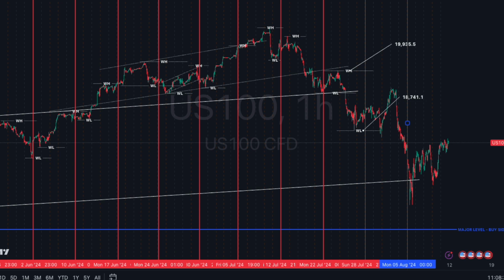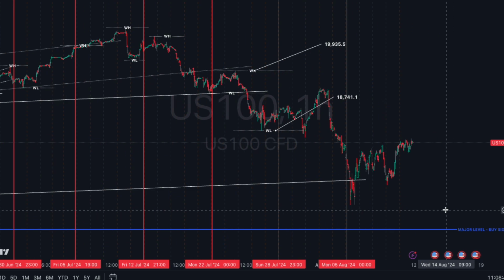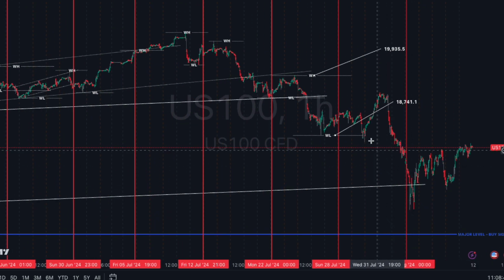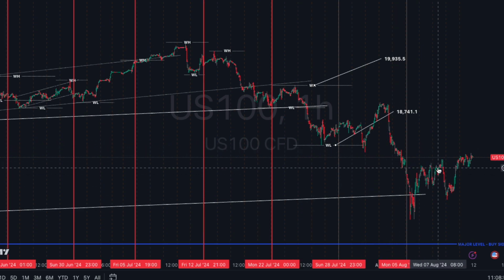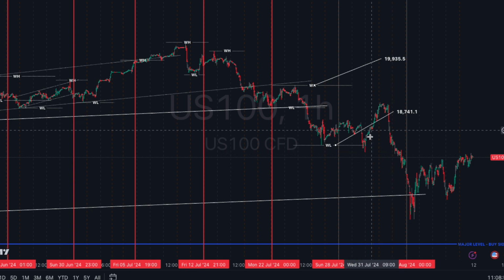Let me just update the color of this and lock that in place. Cool. Now, the week just gone, which is this one over here, is where I talked about weekly lows and weekly highs being taken out, and one of the things I was trying to put in place was how to spot the weekly lows and the weekly highs before it even took place.